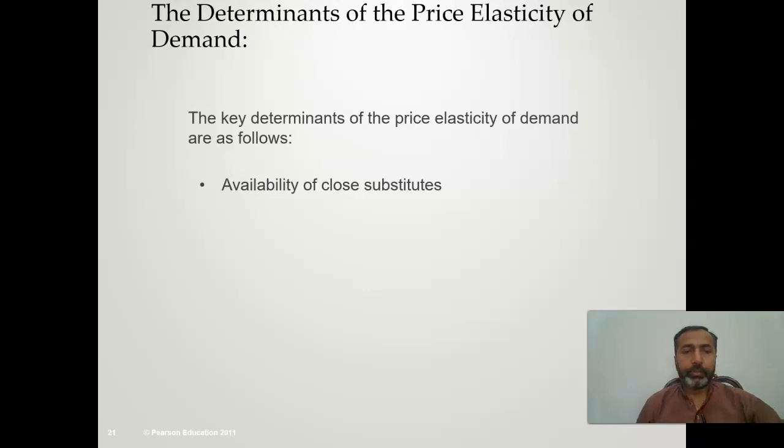The second factor which determines the price elasticity of demand is the passage of time. This can be explained with 2 examples.